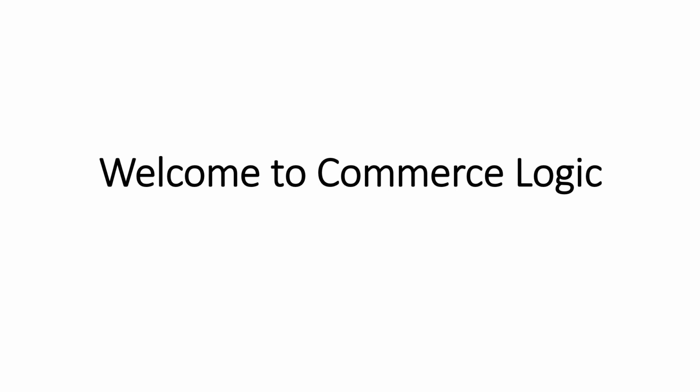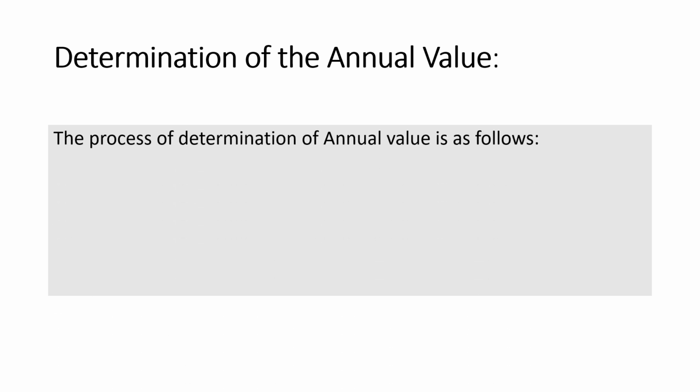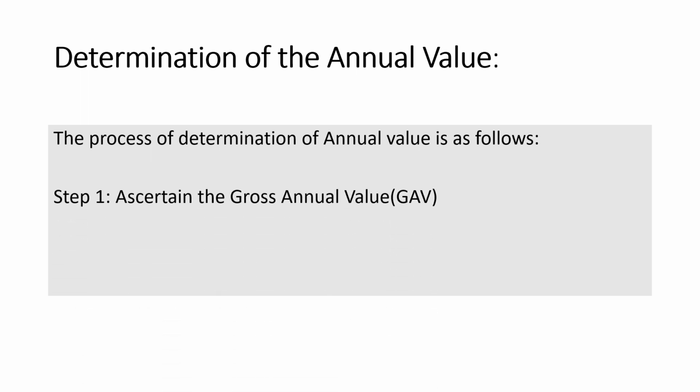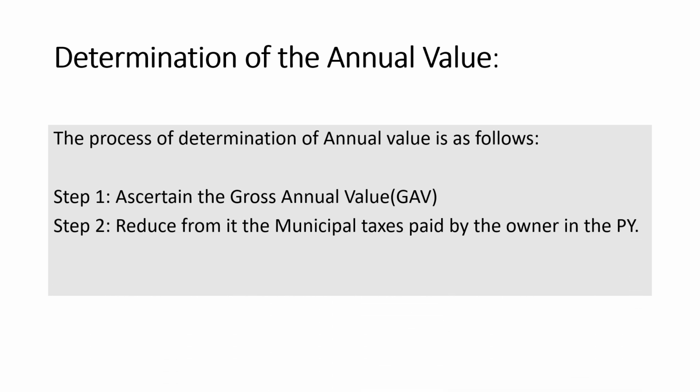Today we are going to see the determination of gross annual value. The process of determination of annual value will be as follows. Step 1 is to ascertain the gross annual value. Step 2, reduce from it the municipal taxes paid by the owner in the previous year.